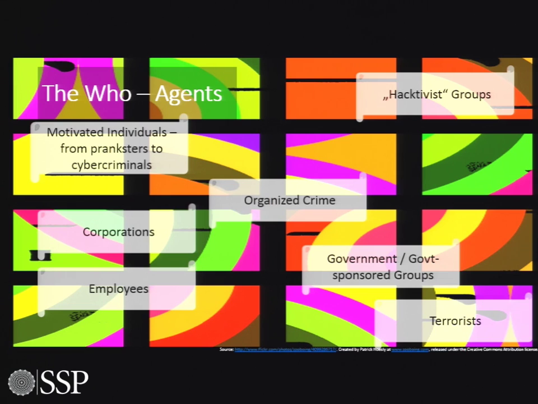Corporations are agents as well. Employees of corporations, that's for example the disgruntled employee case. And then there are the other usual suspects, government or government-sponsored groups and terrorist groups. And that's always a question of definition. Some people are terrorists, some are freedom fighters, and sometimes the labels switch rather rapidly.